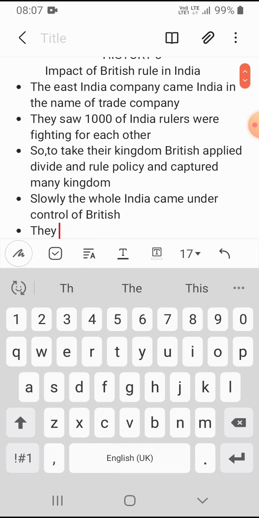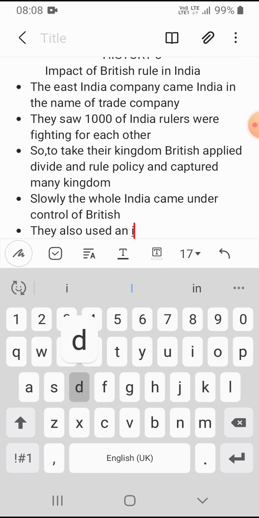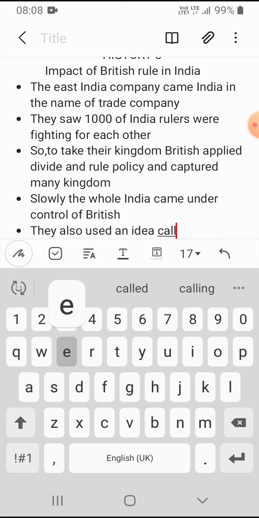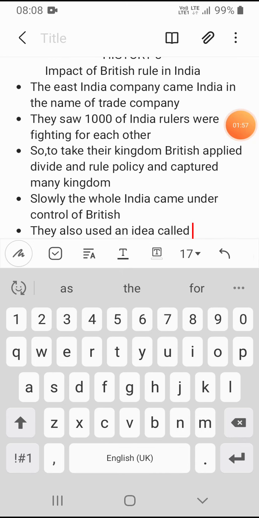They also used an idea called war and negotiation.